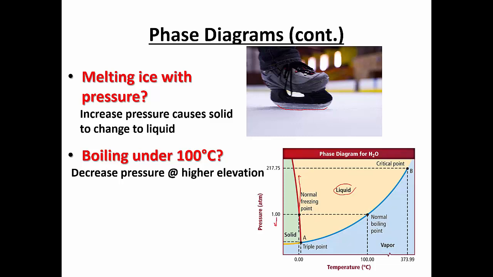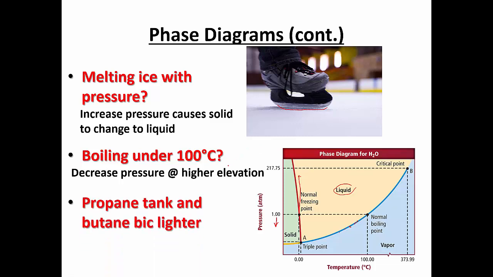If you decrease the pressure, you're going to boil at a lower temperature, so higher up in elevation. We talk about cooking in the mountains, which can be a problem.